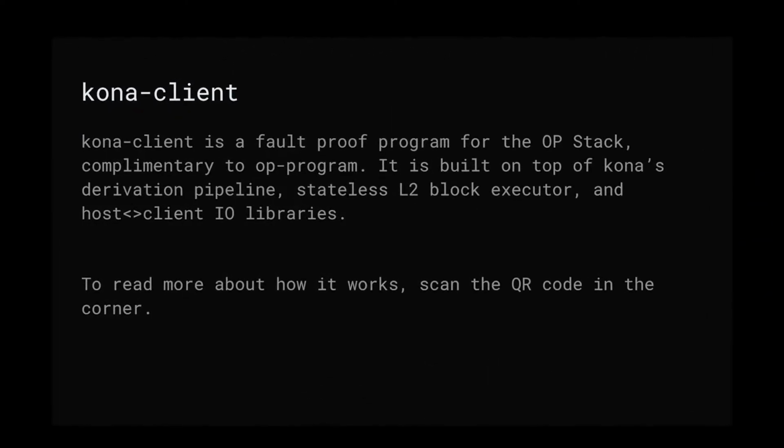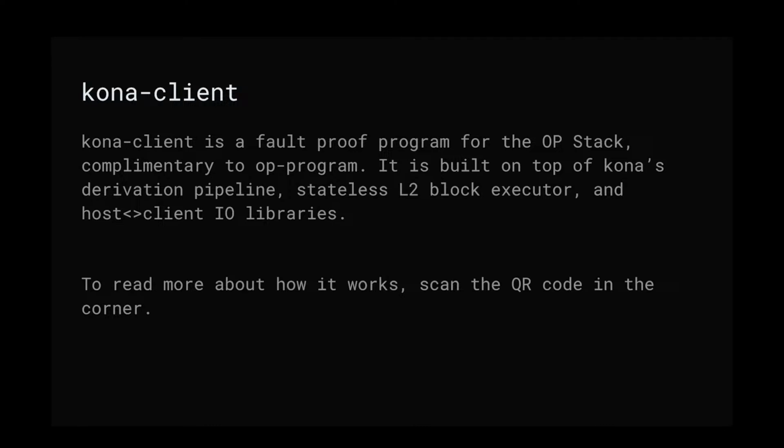To give you an idea of where this sits inside of the fault-proof stack, we'll decompose the problem. Whenever we want to verify a claim about the state of L2 on L1, the normal process would be to first derive the L2 chain, which is basically a data transformation function between batches, which are posted down to L1 by the sequencer, into L2 execution payloads.